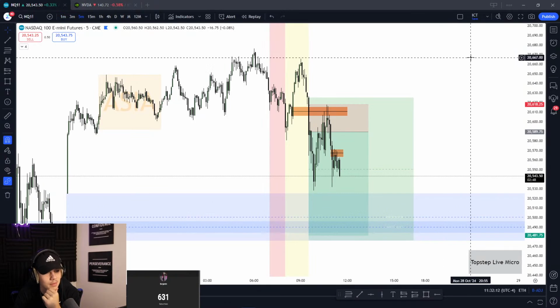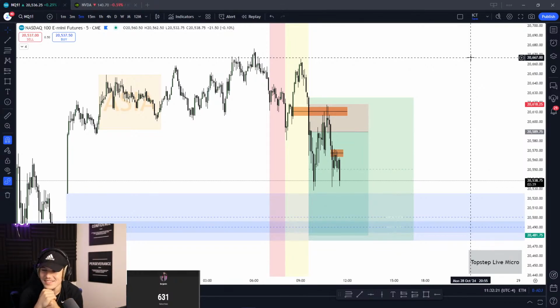I think we could finally move lower here though. Debrej, I think we've said that at least 40 times. But yeah, this looks like the candle that's going to bring us lower though. I'm not going to lie. Hopefully it's not a big wick.